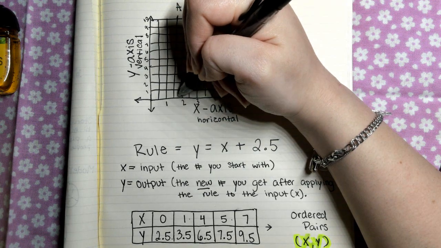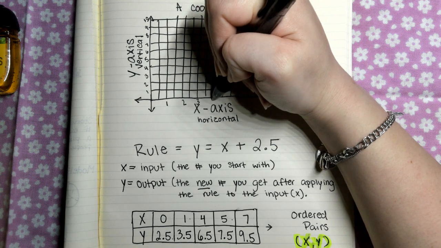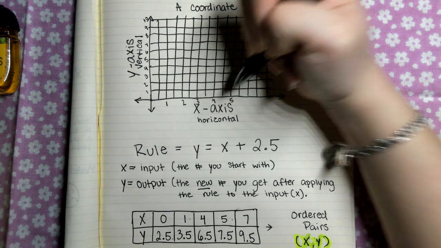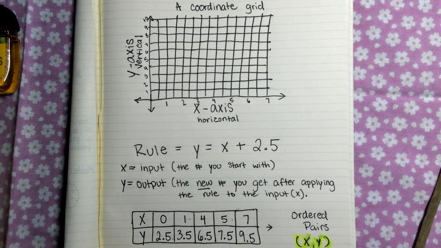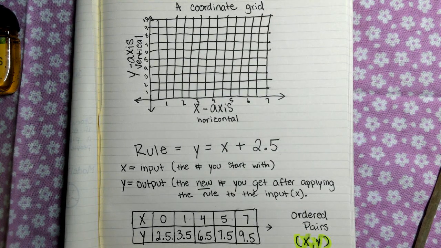Does that make sense? Skip 4 wholes, skip 5 wholes, skip 6 wholes, skip 7 wholes. See how that fit perfectly in there? Now if your graph didn't match my graph, that's okay. You can either add lines to make it match, or you can just count by one wholes. Your graph doesn't have to match my graph, and that's perfectly fine, because regardless, we're going to still be plotting the same data, so we'll still have the same line.